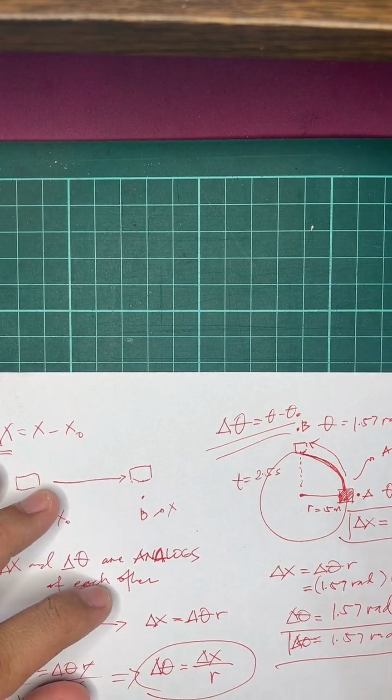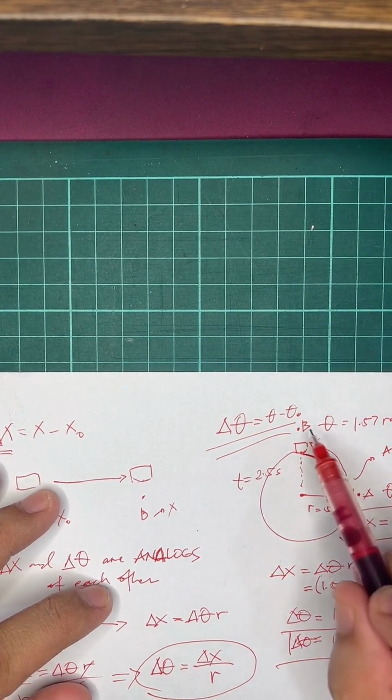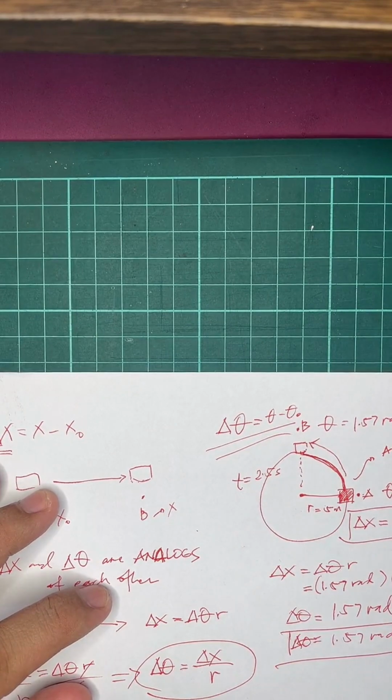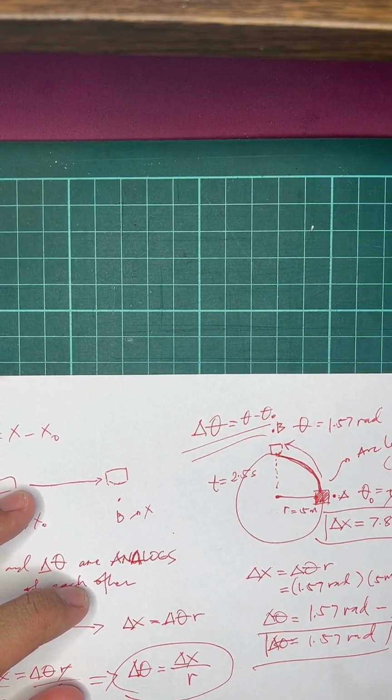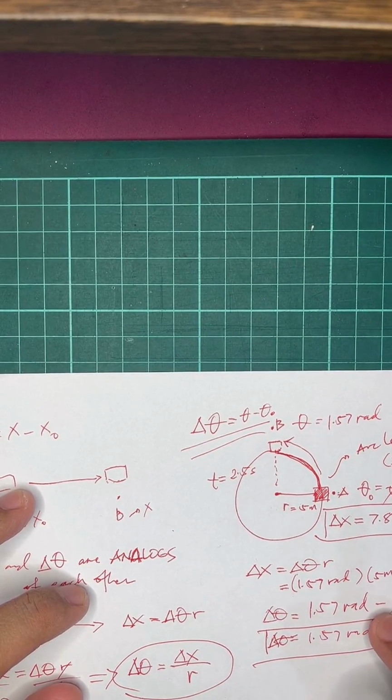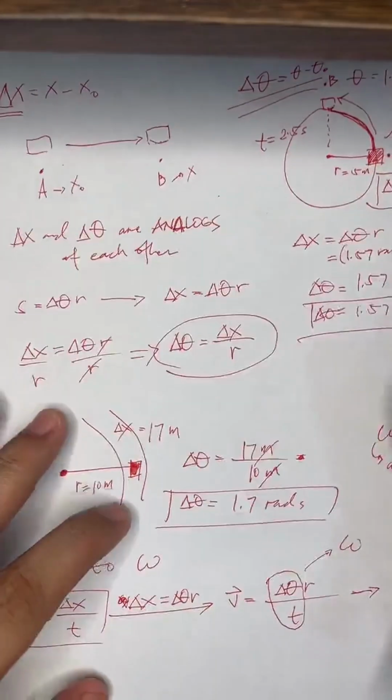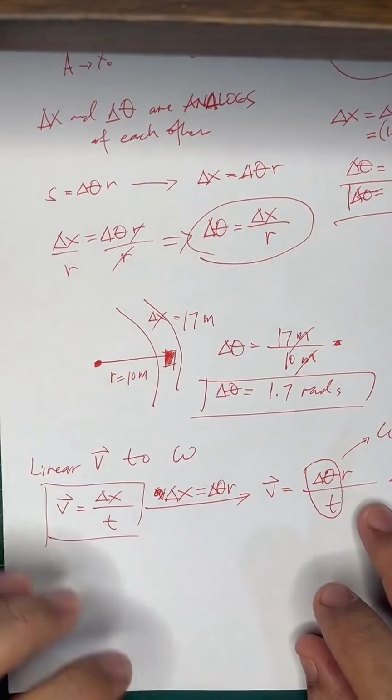From point A to point B, it took 2.5 seconds to complete. Right? So what would be the angular speed? Angular velocity. So you go down here and try to solve it.